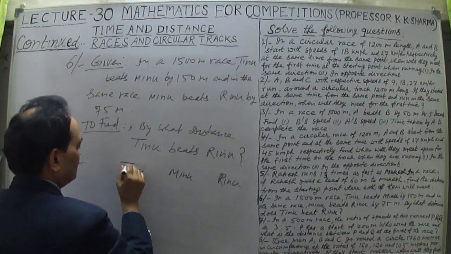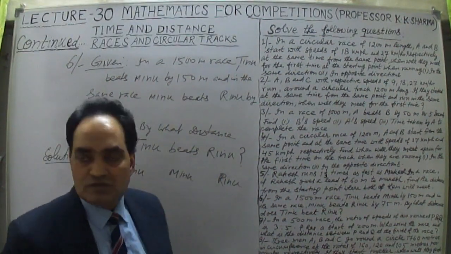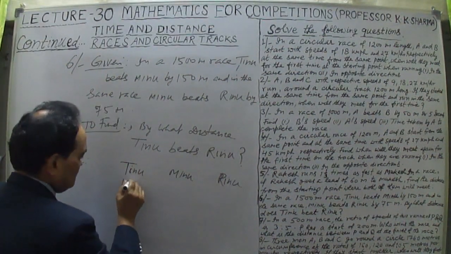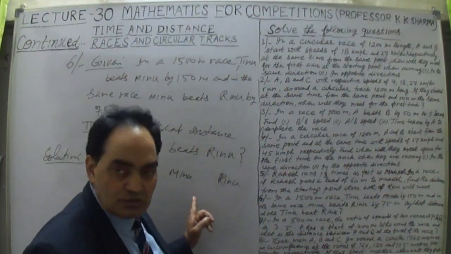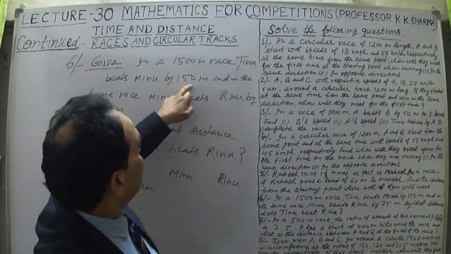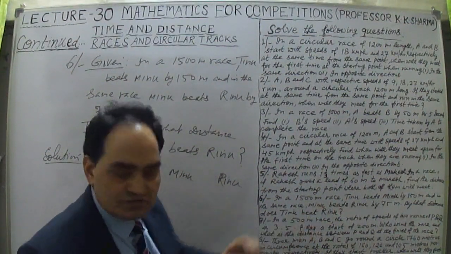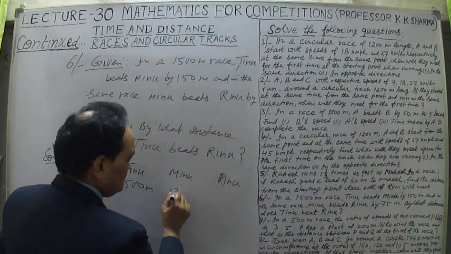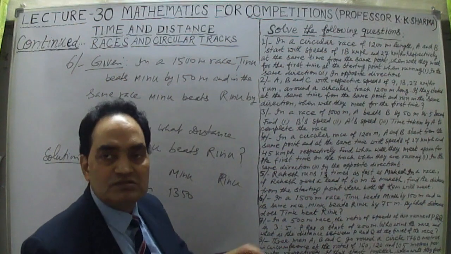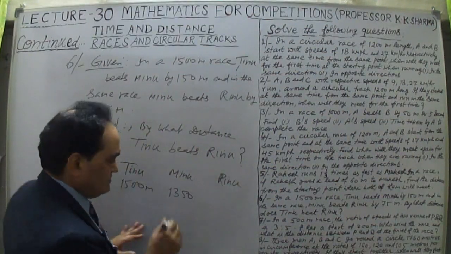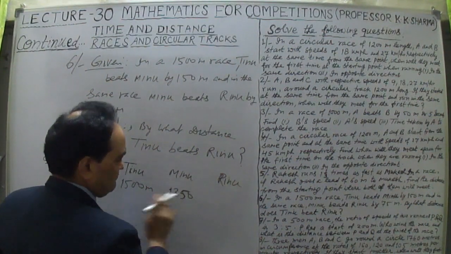Now suppose Tinu runs 1500 meters, but it beats Minu by 150 meters, which means Minu runs 150 meters less. That means Minu will run 1500 minus 150, that is 1350 only.